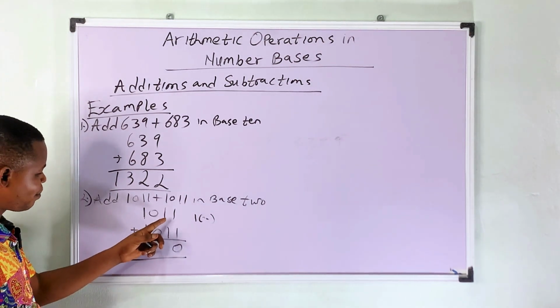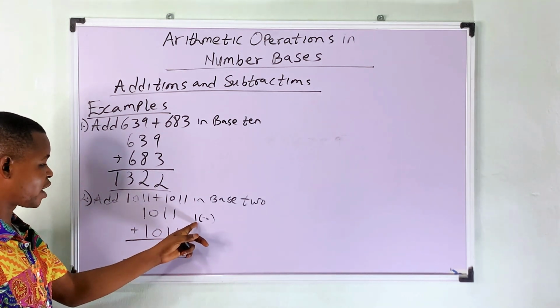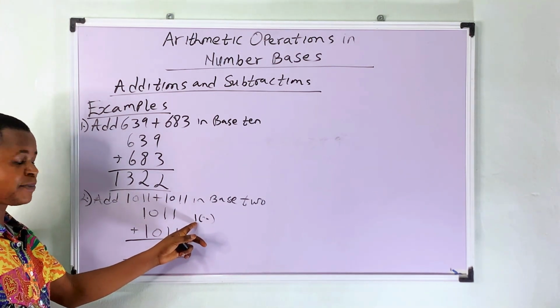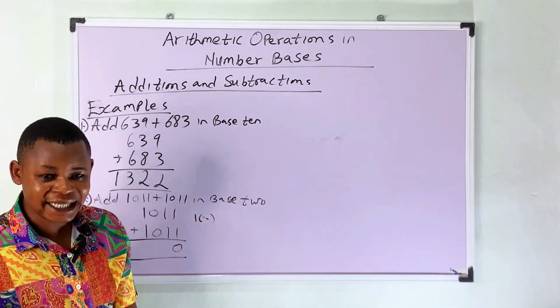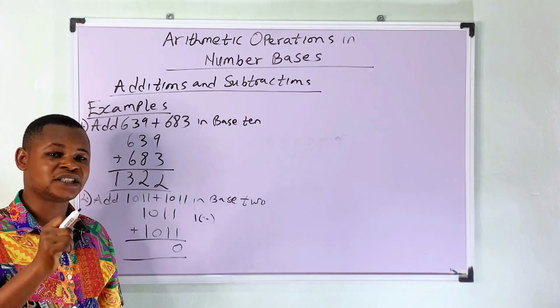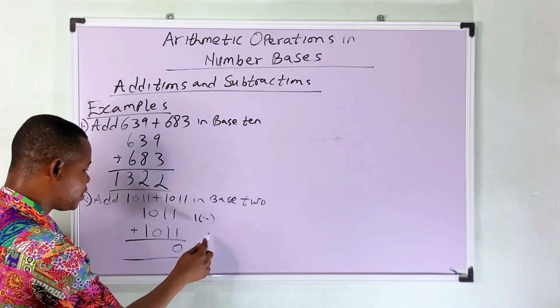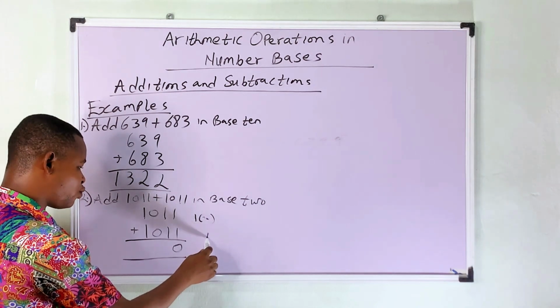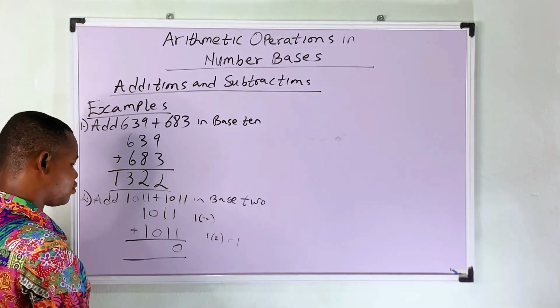Now, 1 plus 1 here gives us 2, plus the one we've kept, one set of 2 that we kept outside. That is 3. 3 also exceeds the threshold of the digits we could get in base 2. But from 3, we have one set of 2, then we have 1 as remainder.